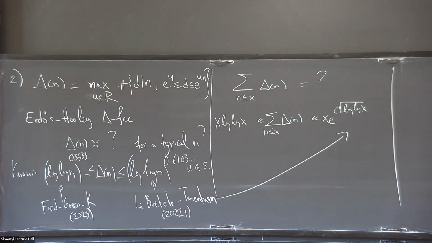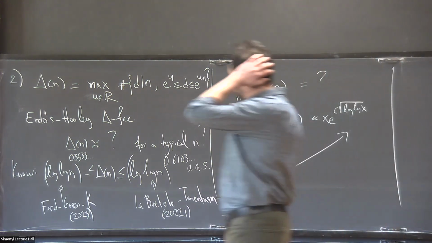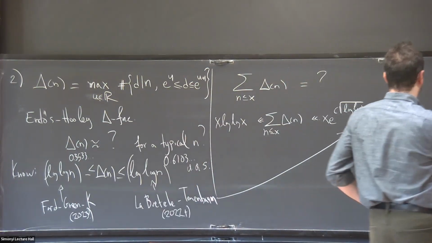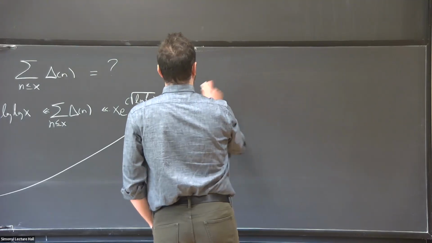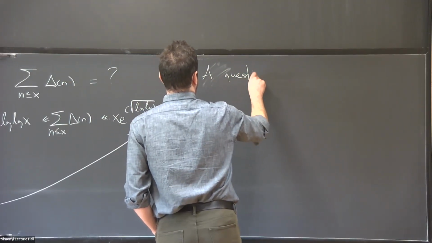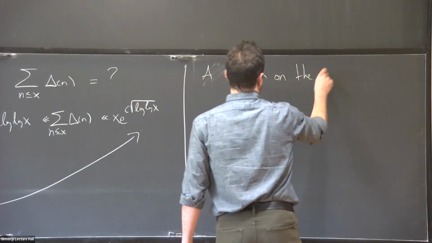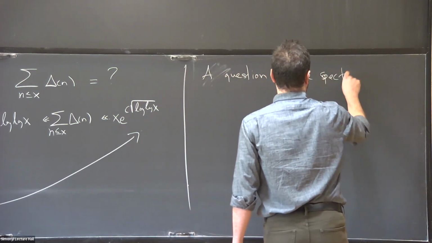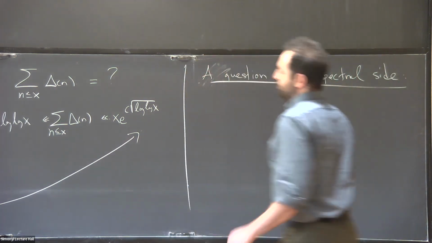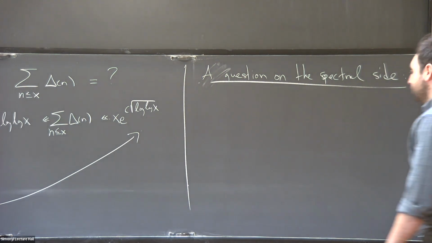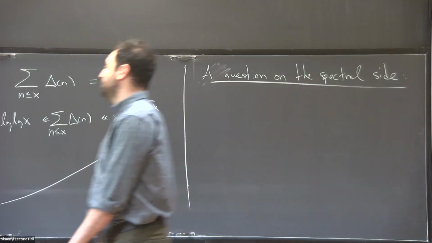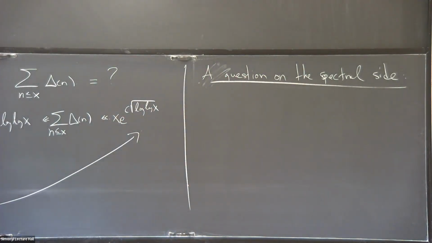Okay, so these are two classical questions on the physical side, and what about a question on the spectral side? So what is this question that I will be studying? It's about the supremum norm of this divisor function.